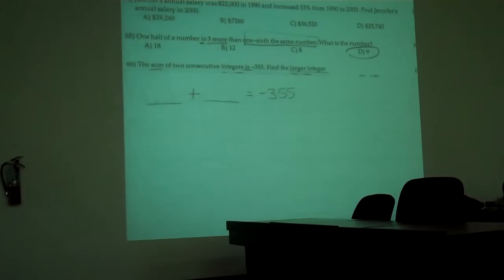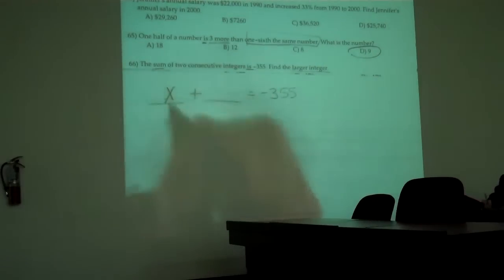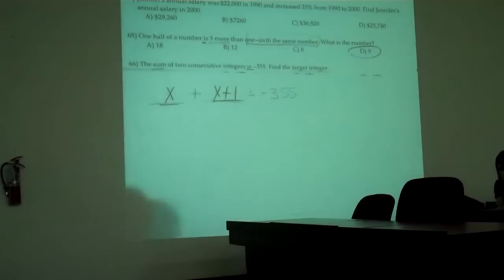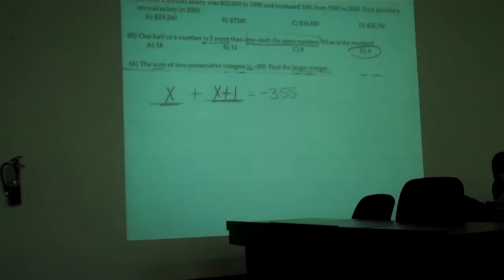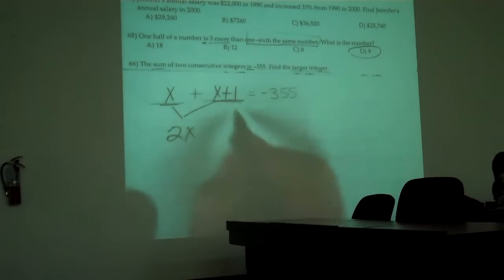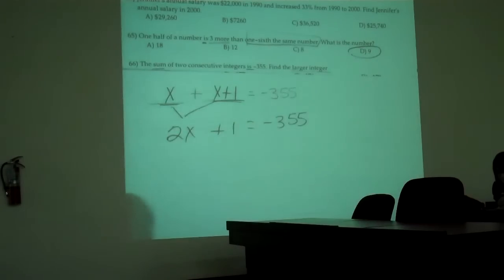So if one number is x, what is the one that follows it if they're consecutive? x plus 1, right? So x is the first number, x plus 1 is your second number. x plus x is 2x, plus 1 equals -355.